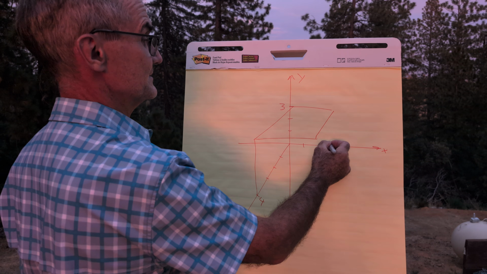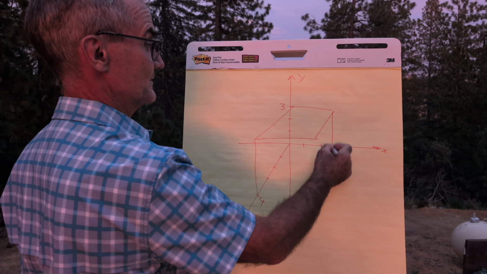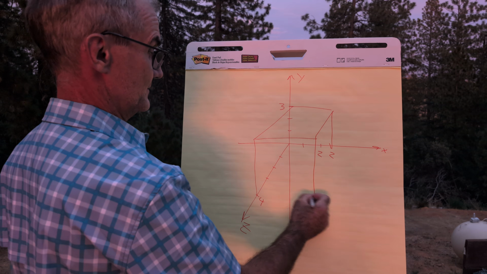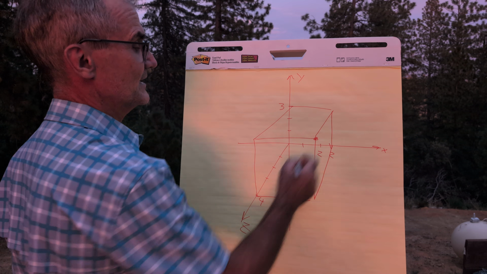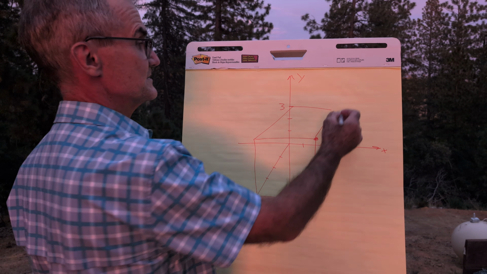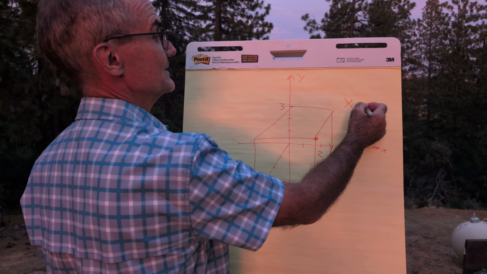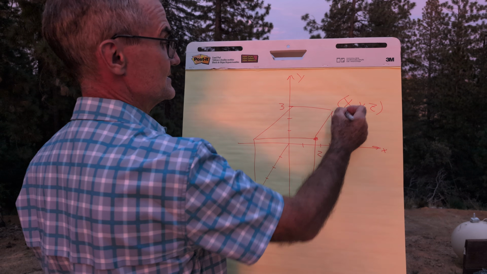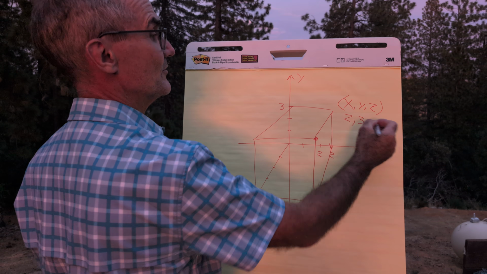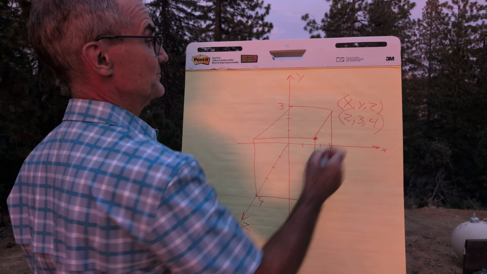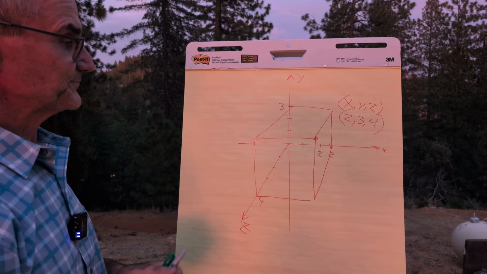I did. My 2's got to be over here. So now in 3-dimensional space, I have a point out here. Those coordinates would still be x, y, z. They always got to make sense. So I went over 2, up 3, out 4. So that'd be 2, 3, 4 in 3-dimensional space.